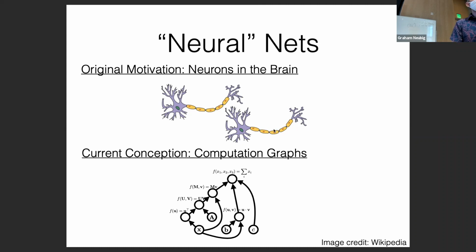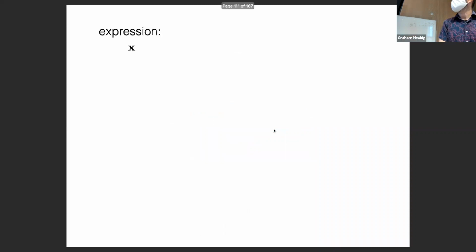But in reality now, the things that we call neural networks are basically computation graphs, and a computation graph expresses a computation that is constituted by a bunch of smaller, less complicated computations.